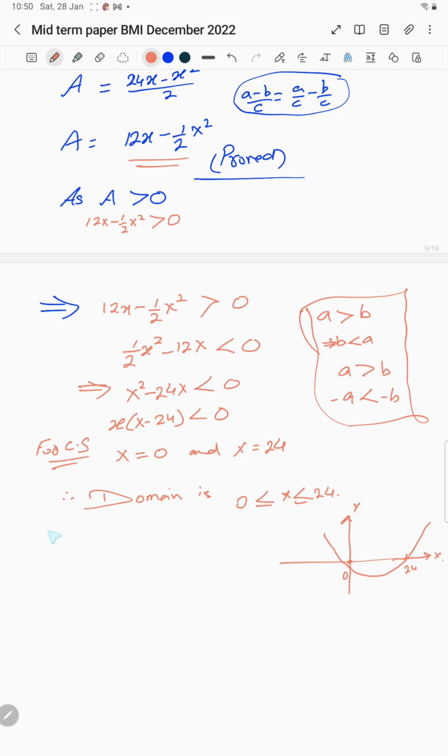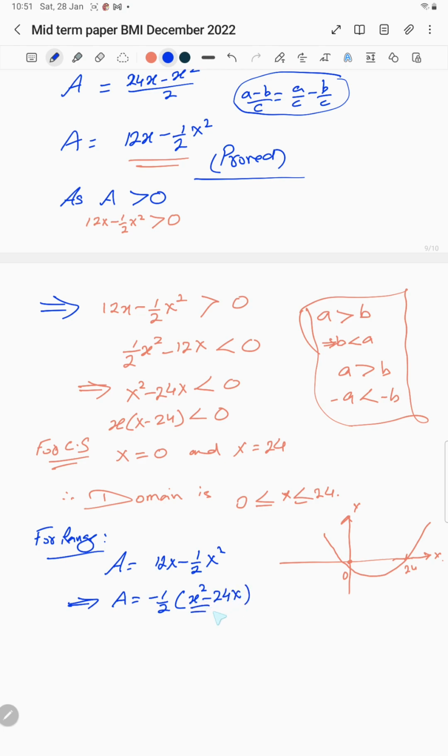Now for range, area, as it was given to be 12x minus 1 by 2 x square, so we can say area is equal to minus 1 by 2, if I take it out, times x square minus 24x.